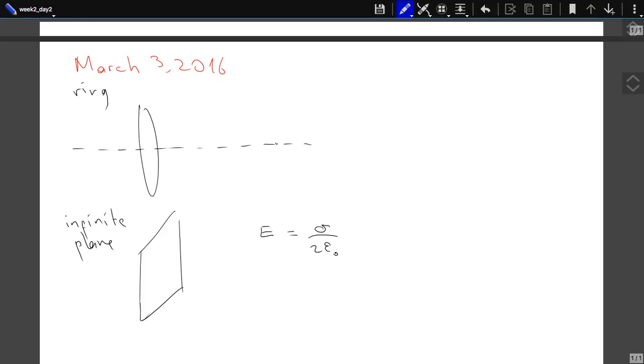So close to this minus q charge, the electric field of this minus q charge will be huge. And the electric field due to this plus 2q charge won't be huge. So close to this minus q, we can say that the net electric field is determined only by this minus q charge.